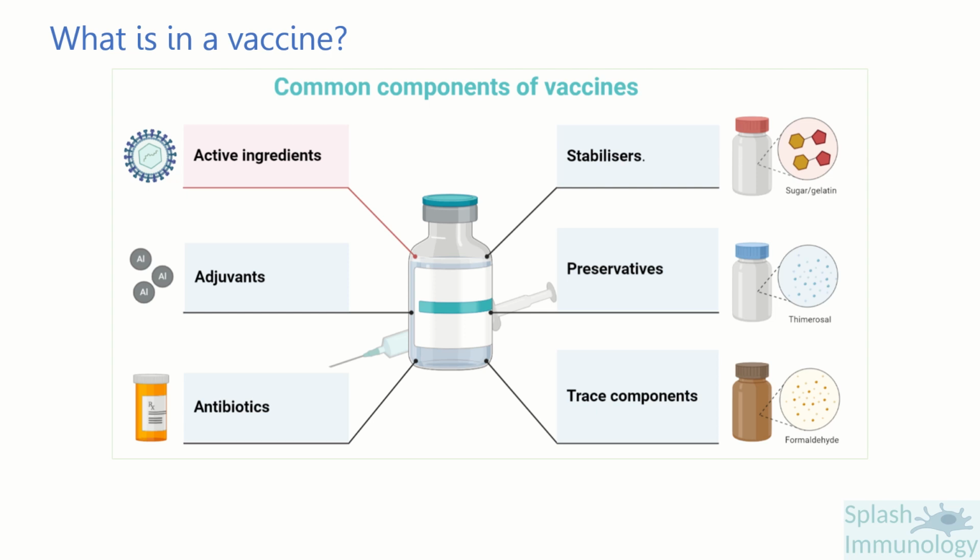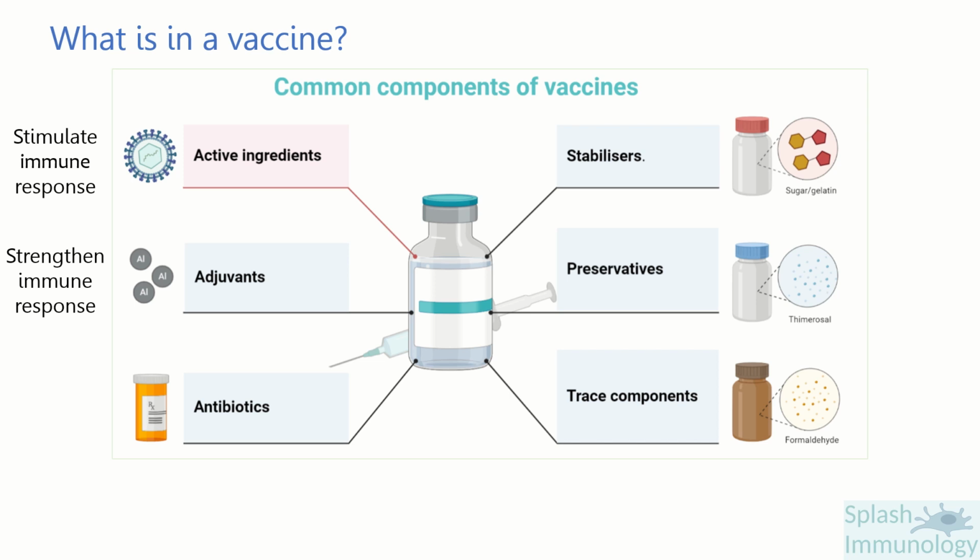So what is actually in a vaccine? For a vaccine to produce protection against a pathogen, it has to contain an active ingredient. This is the part of the vaccine that contains the pathogens that directly stimulate the immune system but cannot cause disease. The vaccine also contains adjuvants, and these are substances which help to strengthen and lengthen the immune response to the vaccine.